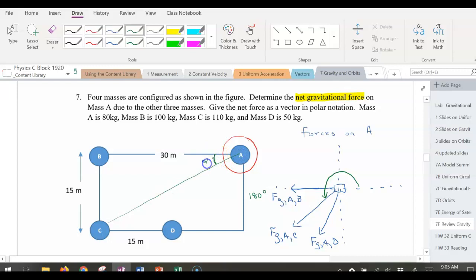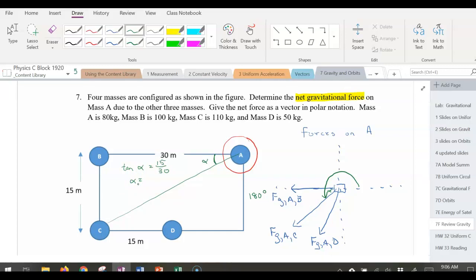I'll call this alpha. Alpha is the same as this. This is alpha over here. So let's see, I know the sides of this rectangle, and so the tangent of alpha would be the opposite over the adjacent, or alpha would be the arctan of that 15 over 30.